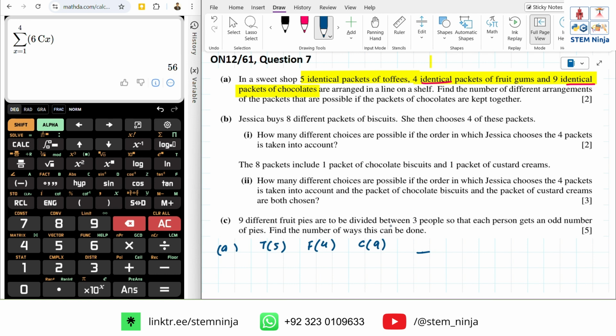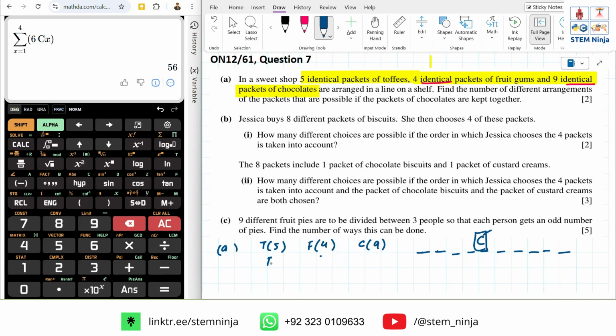Actually, we can actually see that. So 5 plus 4, 1, 2, 3, 4, 5, 6, 7, 8, 9, and the 10th can be the chocolates group, in which we have 9 chocolates by themselves. And they are all identical, by the way.